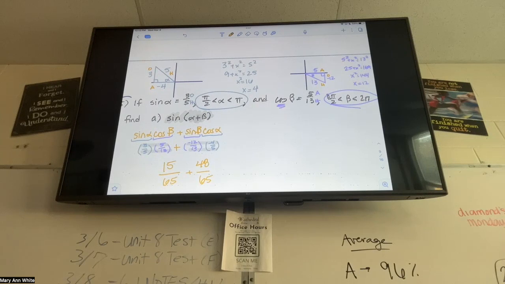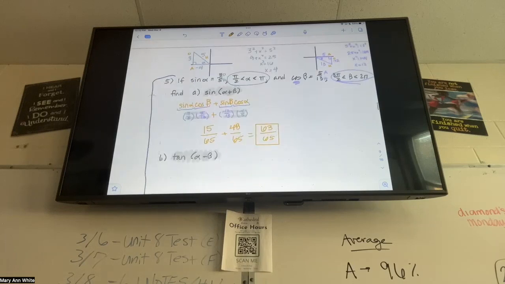And then I can add those two together. 15 plus 48 is gonna be 63 over 65? Nice.